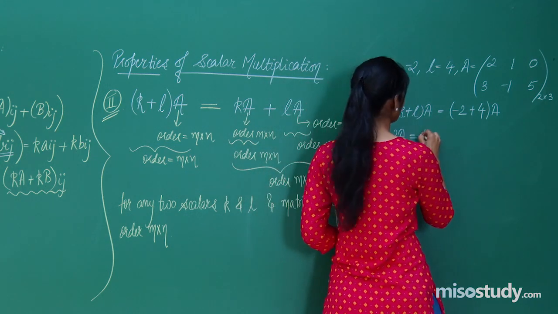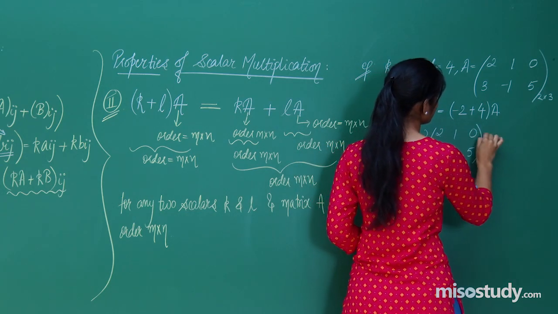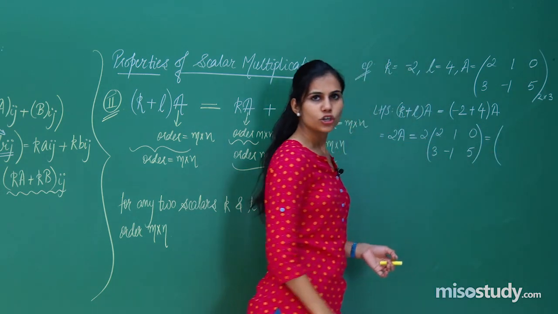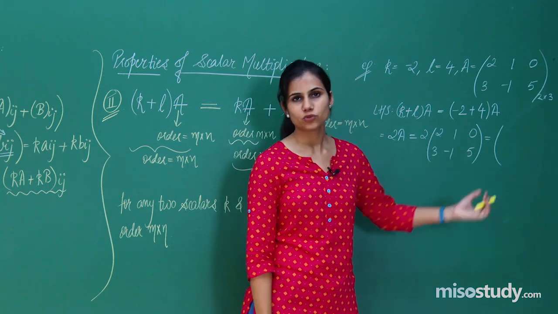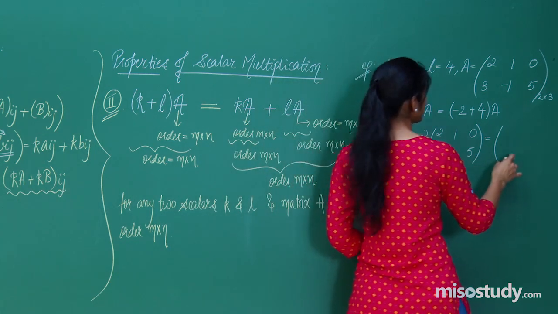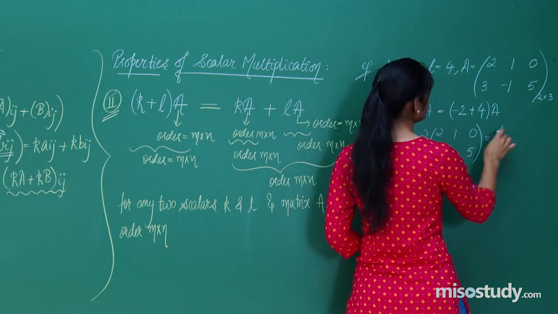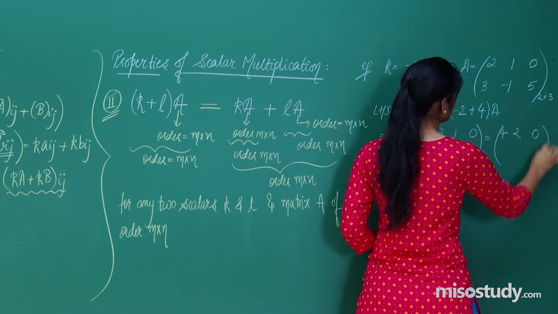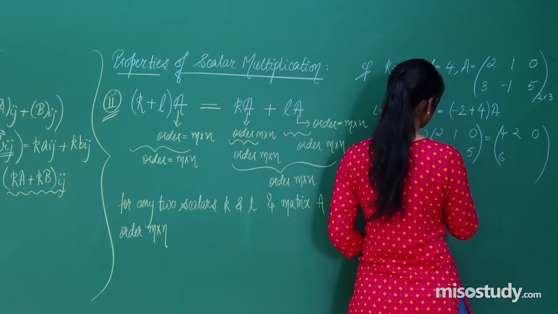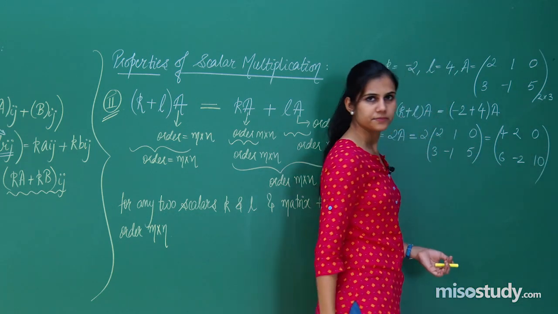Which is what? 2 times the matrix 2, 1, 0, 3, -1, 5. 2 times A is the matrix obtained by multiplying each entry of A by 2 respectively. So this is again going to be a matrix of the exact same order. The 1/1th element will be 2 into 2, that is 4, then 2 into 1, that is 2, 2 into 0 is 0, 2 into 3 is 6, 2 into -1 is -2, 2 into 5 is 10.